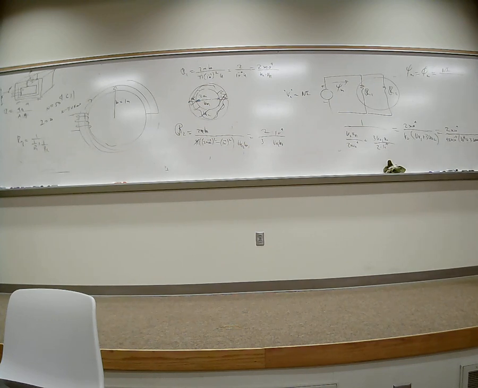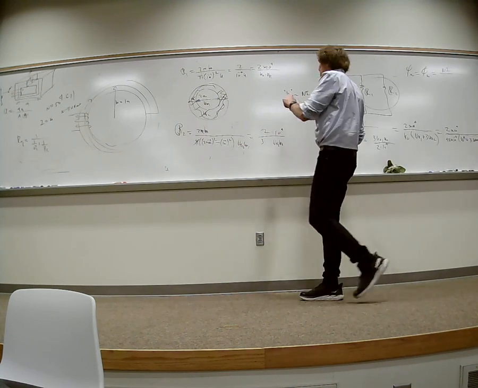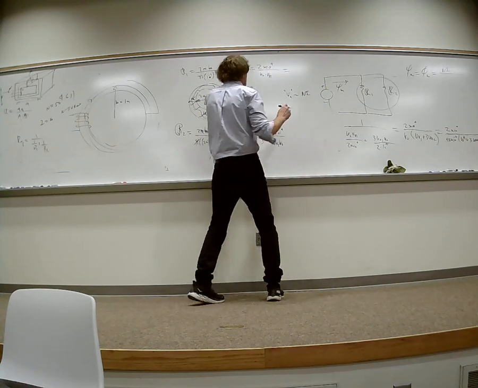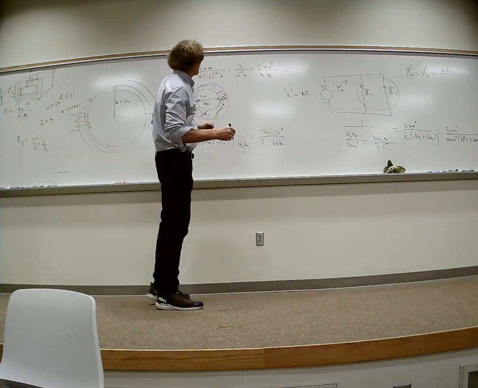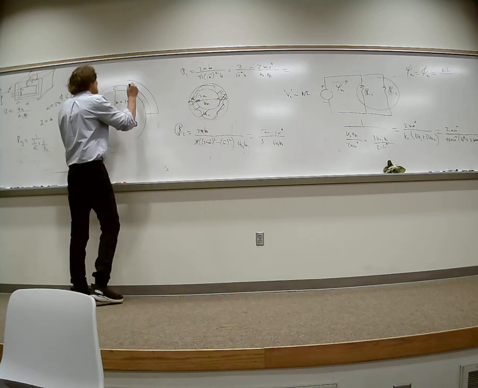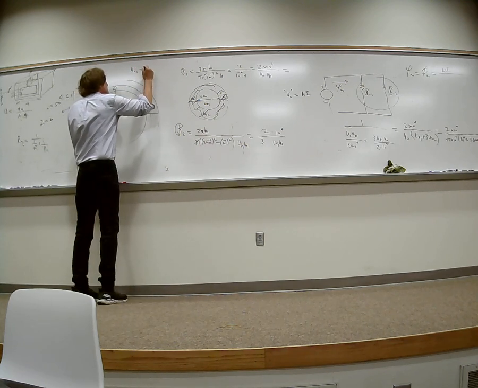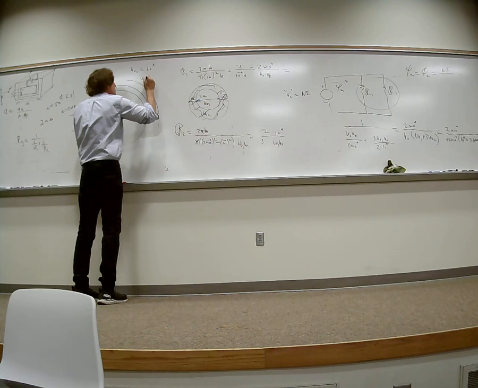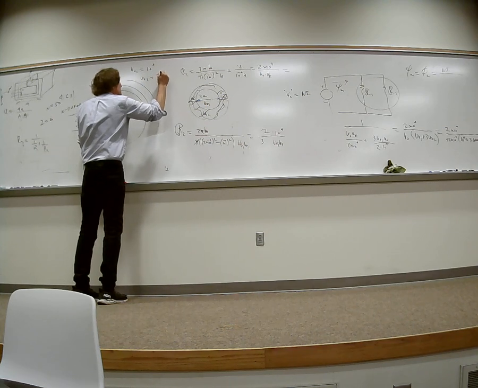Can anybody just give me that value here? It's the parallel combination of the two. Tell you what, why don't we just do this one at a time? What's the reluctance here first? Mu relative 1 is 10,000, right? 10 to the 4th, and mu relative 2 is 3,000, correct?